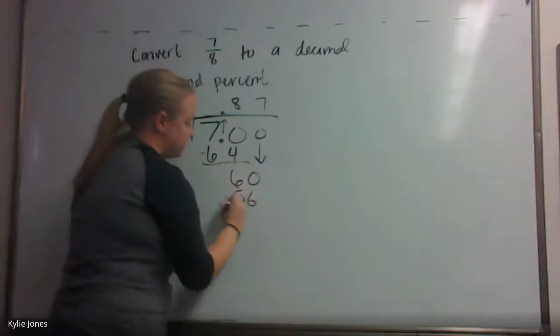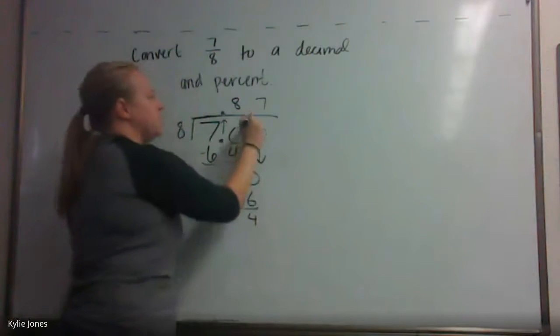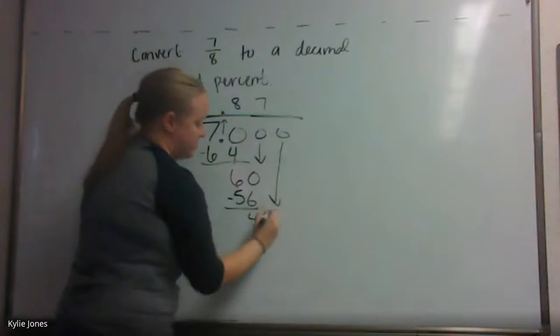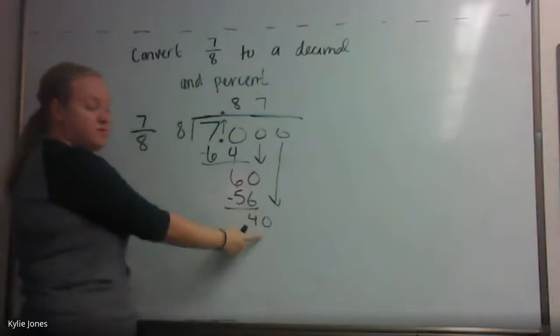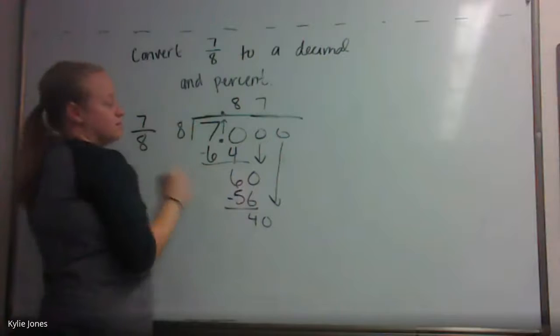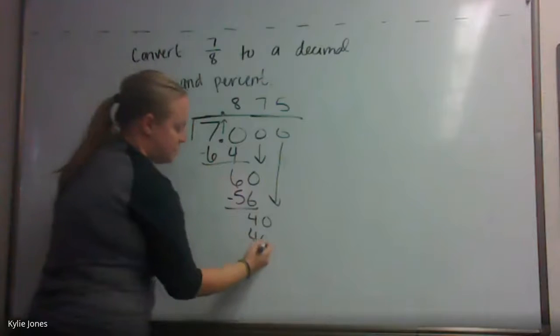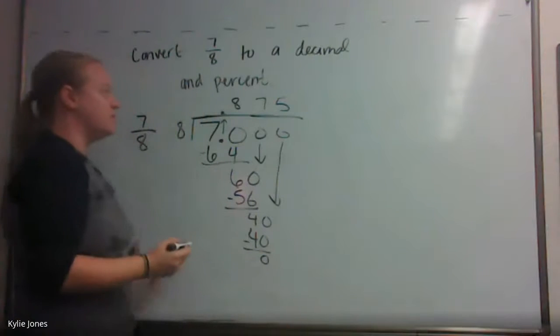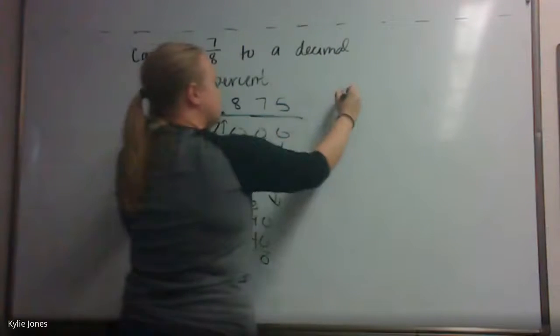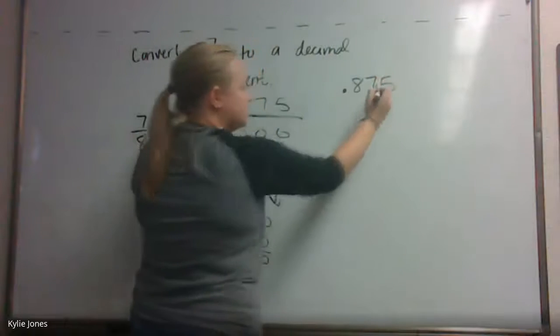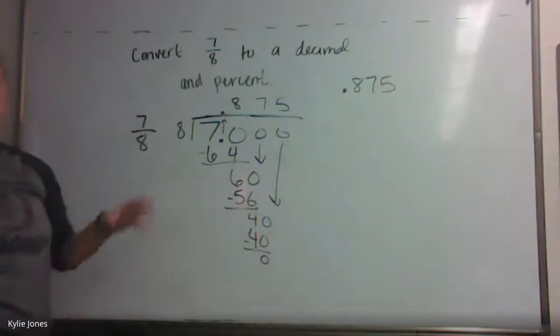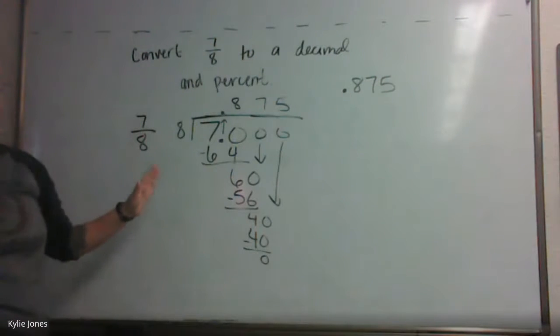And you get 56. Subtract and get 4. Go out one more time. You get 40. Does 8 go into 40? Yes, 5 times. And this time you subtract and get 0. So our decimal here is 0.875. Done.